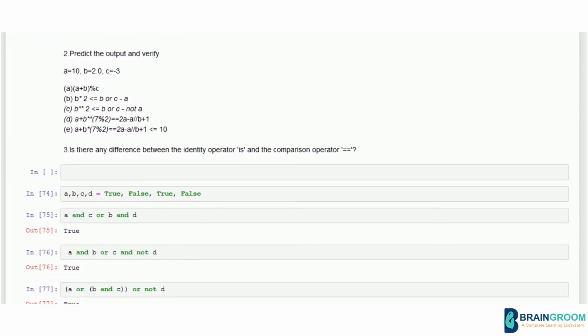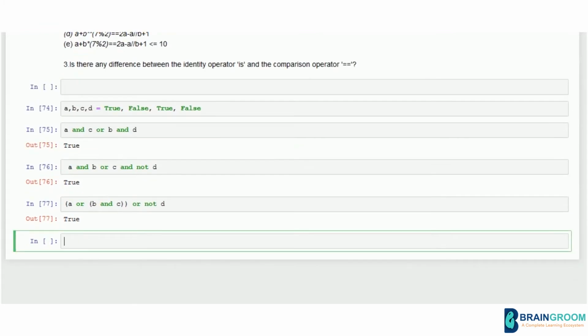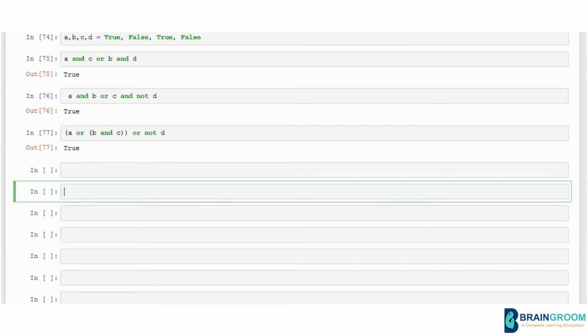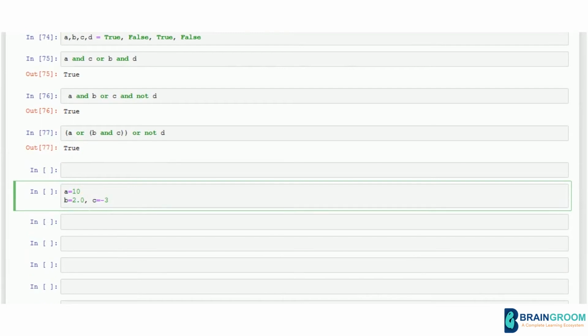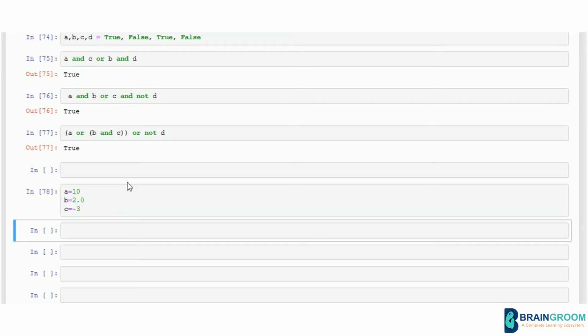Now moving on to the second. Please give the input values. A is 10, B is 2.0 and C is -3, right?